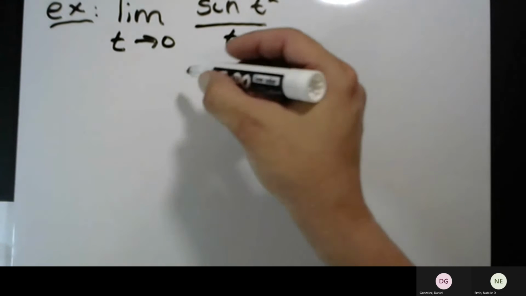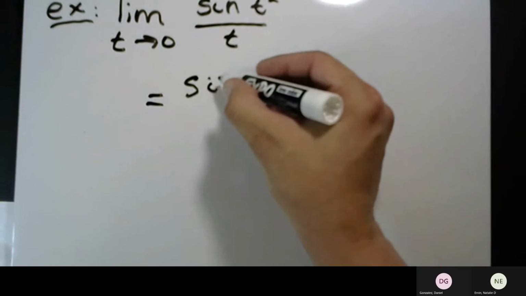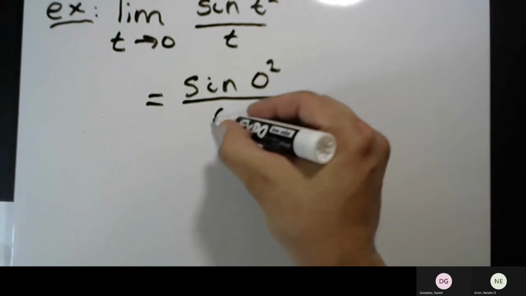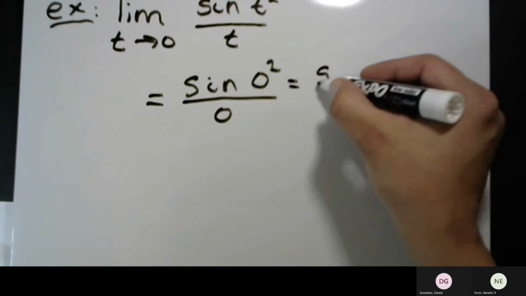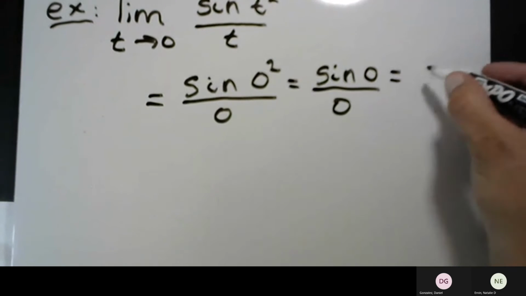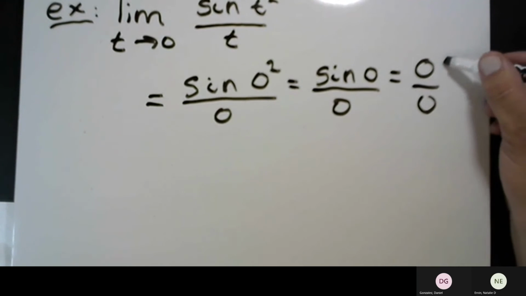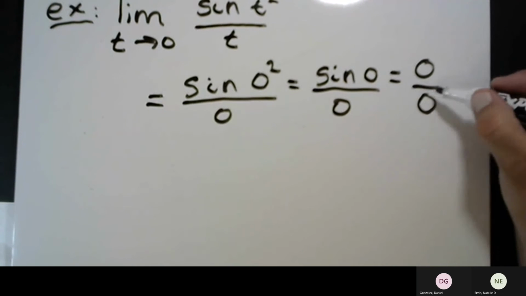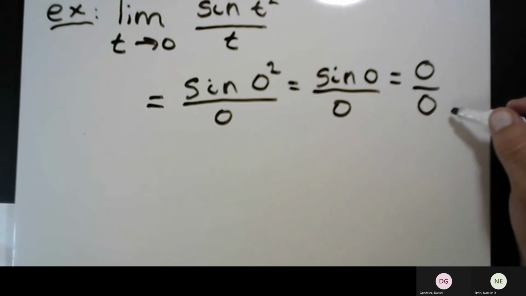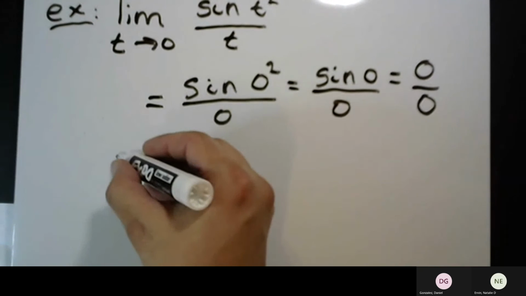Now, if we try to compute this, you might say, well, this will be the sine of 0 squared over 0, which is the sine of 0 over 0. Sine of 0 is 0, and sure enough, we get this form of 0 over 0. And this is what's called an indeterminate form. This isn't going to work. So what we're going to do is use L'Hopital's rule.